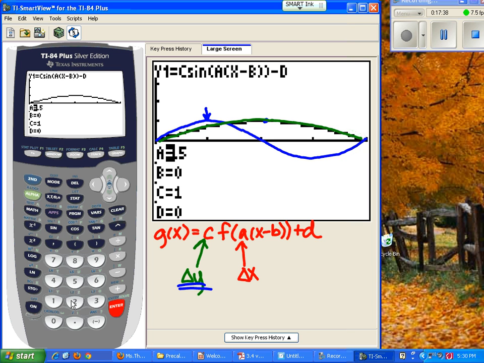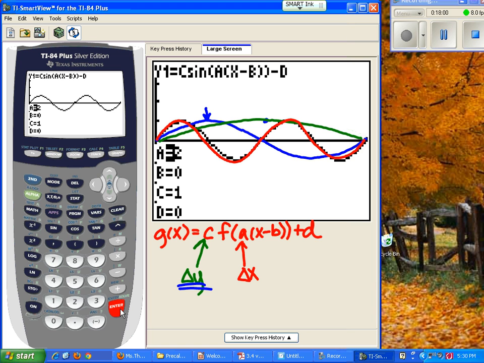So then let's go ahead and put in a value of 2 instead now and see what happens. So if I plug 2 into my graph, now notice that my graph looks like we have compressed it in towards the y-axis, and now we're showing 2 cycles, where previously in the blue graph we only had 1 cycle.